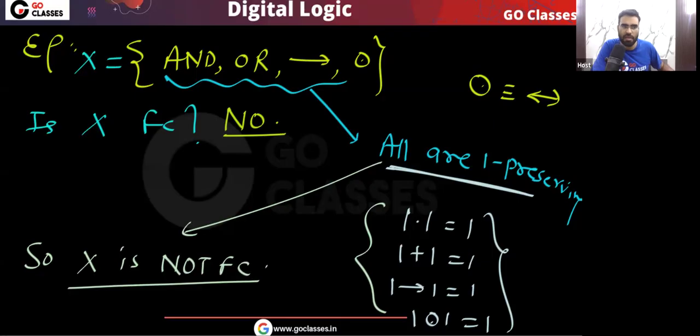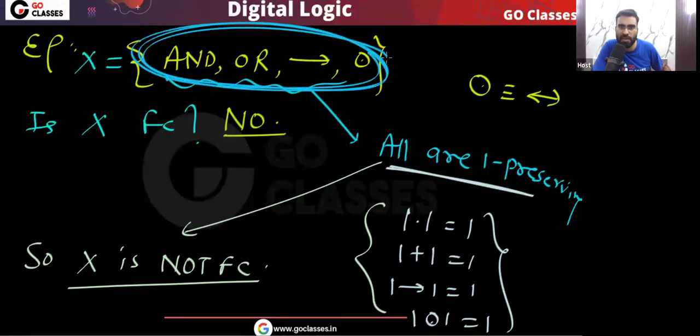Now tell me, did you find that this theorem is very, very simple? Very important, because many complicated questions you can solve very quickly. If you remember the example we have already taken, I told you that if you try to create NOT using these four operations, you cannot create it.